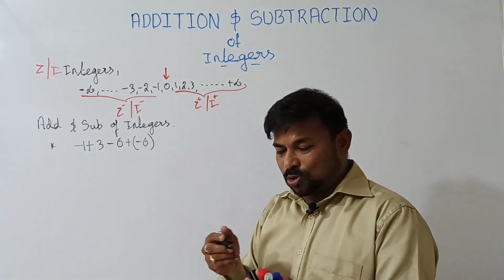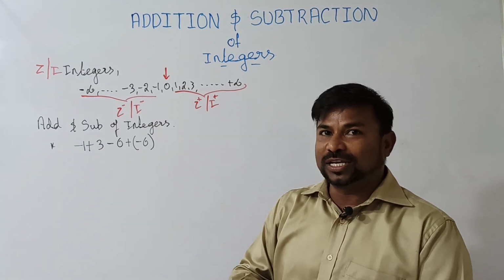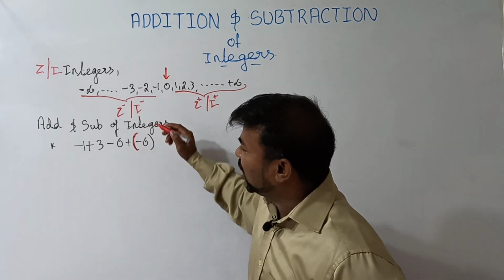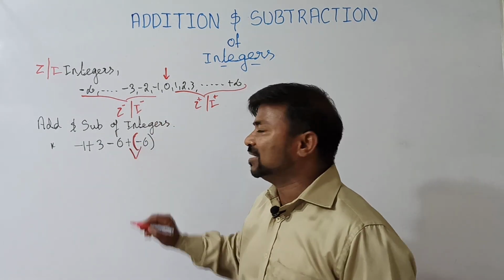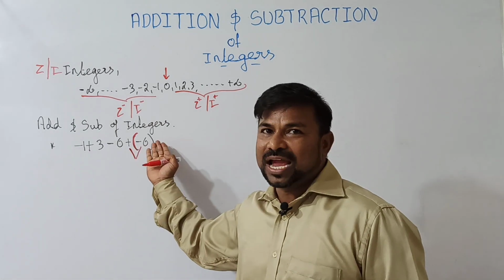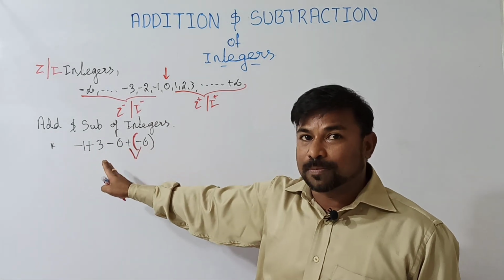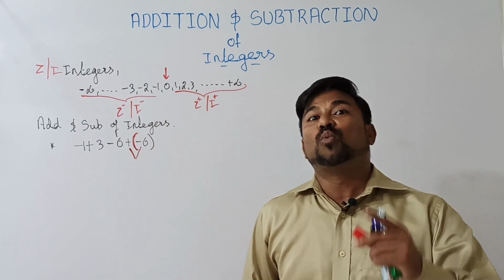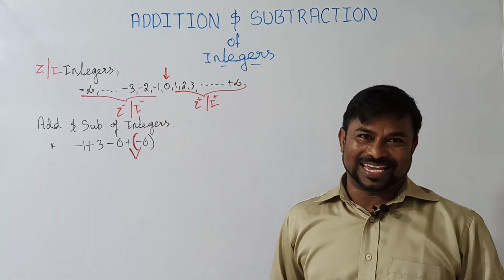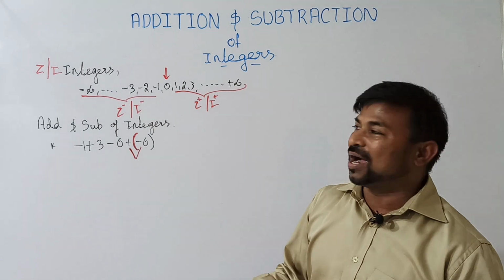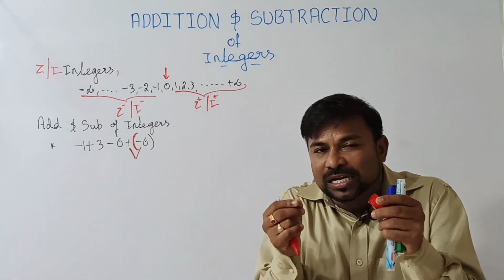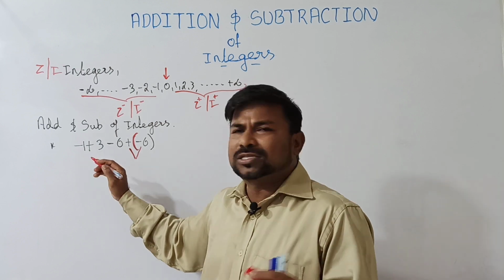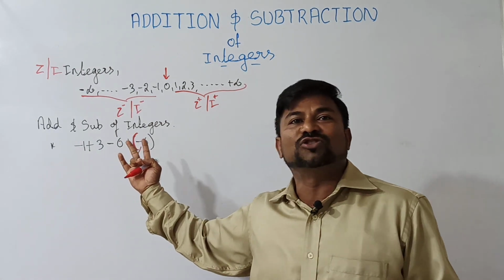But now here comes a tricky part. A plus sign at the back of the parenthesis, or the bracket, and a minus sign in front of the parenthesis. What are we supposed to do in this case? This is the tricky part, which is multiplication of the signs. The remaining is all very simple, but here comes the tricky part.